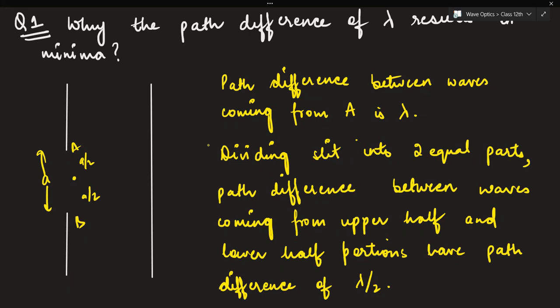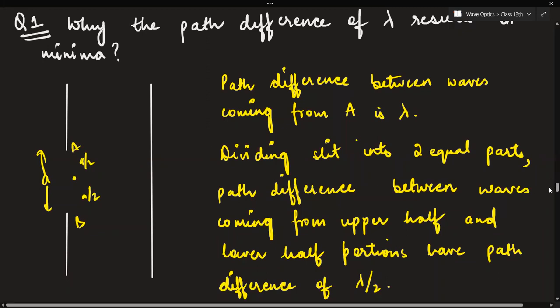Now see, what is the path difference between waves coming from the upper half and the lower half? Path difference of lambda by 2. Both of them have lambda by 2. See class, now what will happen? Two waves, one from the upper half and one from the lower half. This is from your concept of constructive and destructive interference.